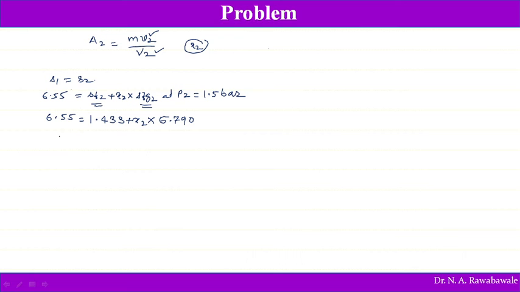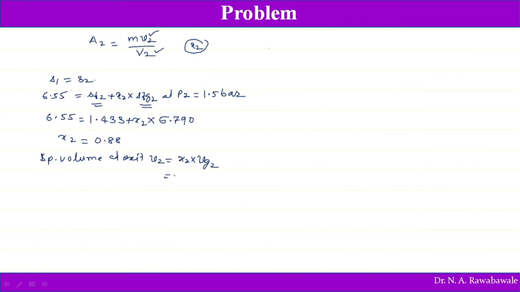From this we can find out the dryness fraction at exit as 0.88. So now that we know the dryness fraction, we can find out the specific volume at exit, that is small v2 is equal to x2 into vg2.